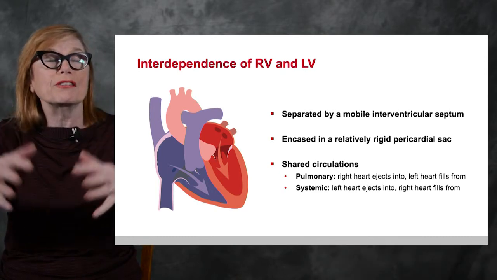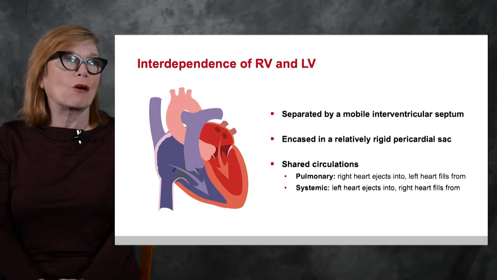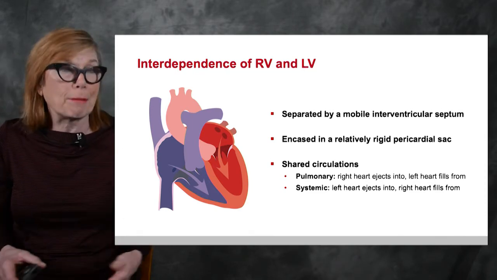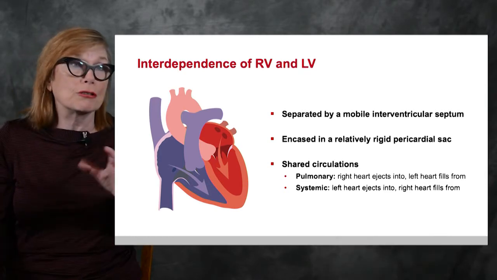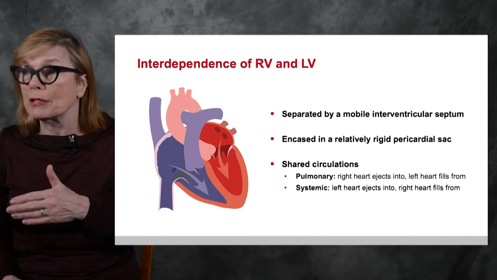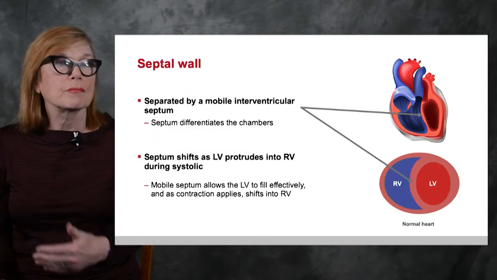Whatever the left heart does, it will ultimately mobilize filling into the right heart. That's why they're interdependent. That's why you can't separate them fully and try to understand them only as individual ventricles, because whatever happens to one will ultimately affect the other.